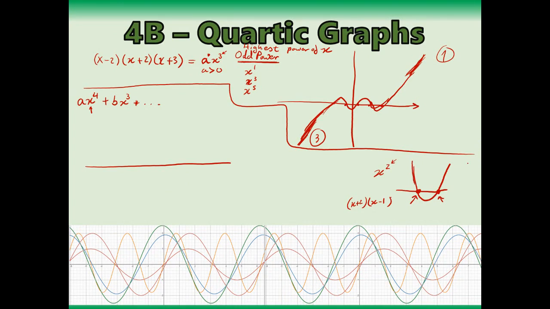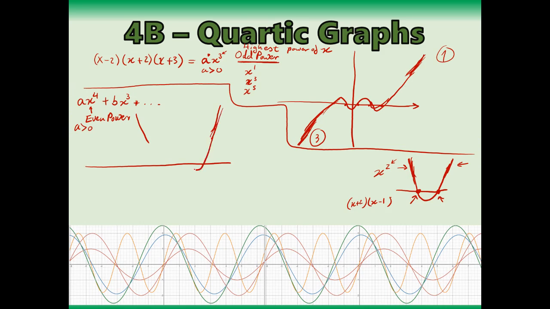Look at the endpoints here. When the highest power is even, the ends of the graphs will be either both positive or both negative. So for a quartic graph, when a is positive, you will have such a shape. The ends of the graph will be positive.